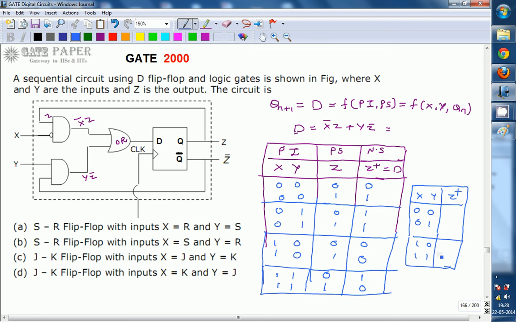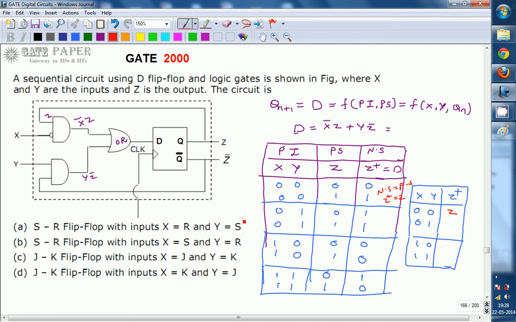Whenever xy is 0 0, at that time the next state and present state are going to be same. Whenever xy is equal to 0 0, next state is nothing but present state, that is z plus is equal to z. So z plus is equal to z I am writing.